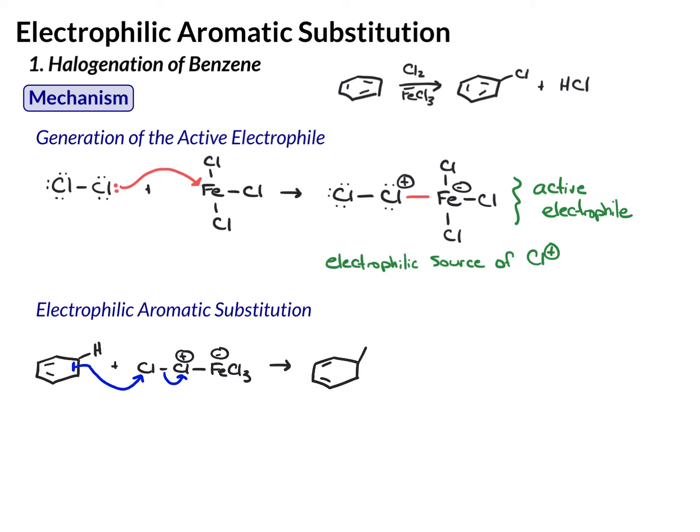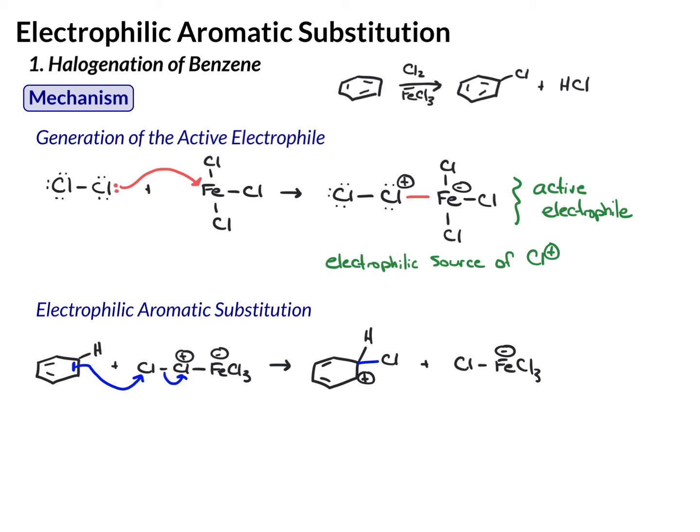We still have the hydrogen. I'll draw the new bond to the chlorine in blue because those are the pi electrons we used. Here's the Cl. We took electrons away from this carbon on the bottom, and we got a positive charge. Our other product is the FeCl4-.